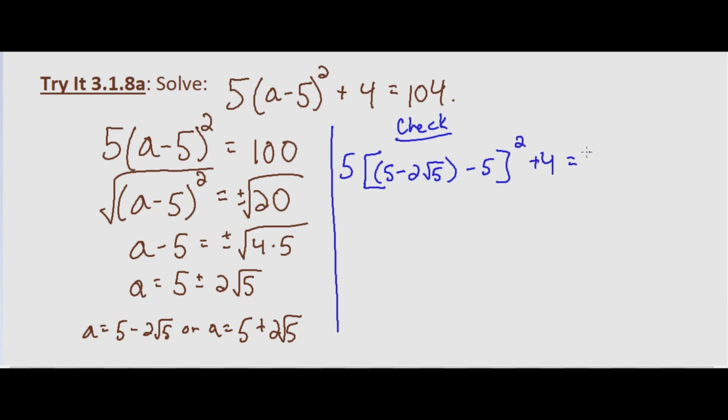We want to know, does that equal 104? So if we simplify what's inside the parentheses, 5 minus 2 times the square root of 5 minus 5, 5 minus 5 is 0, leaving us with negative 2 times the square root of 5, squared. Let's go ahead and subtract 4 from both sides as well. We want to know, does that equal 100?